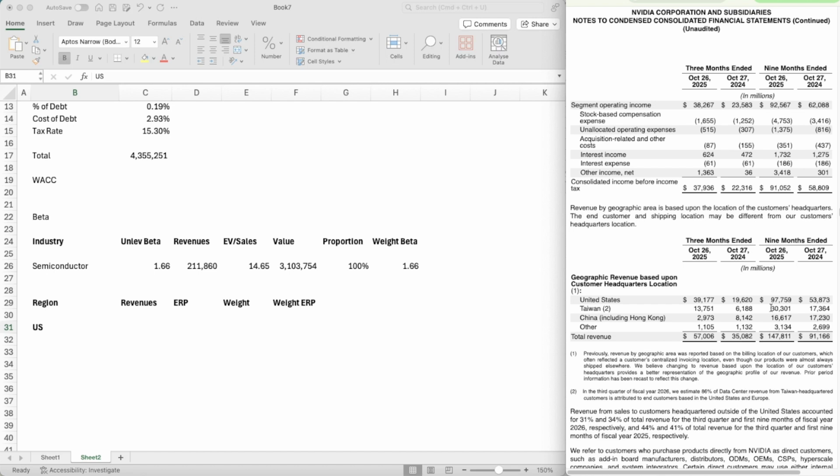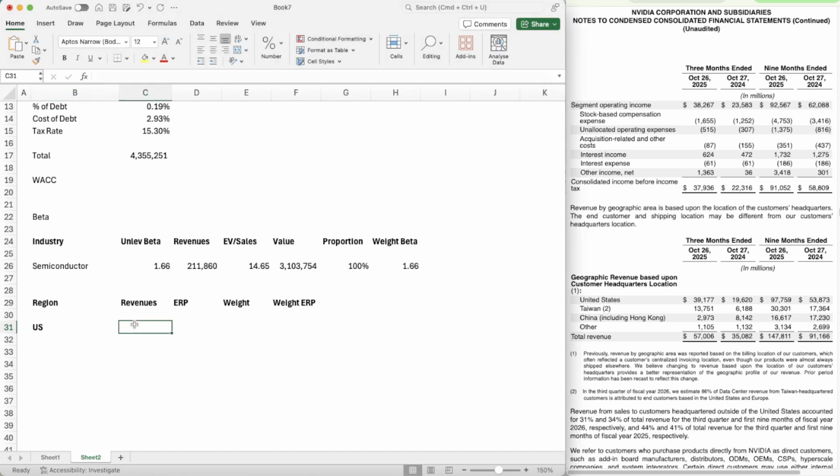So for Taiwan, of this 30 billion, they're saying 80% goes towards US and Europe. So what would that be? 86%? I think more than 25 billion of that would be going to US and Europe.